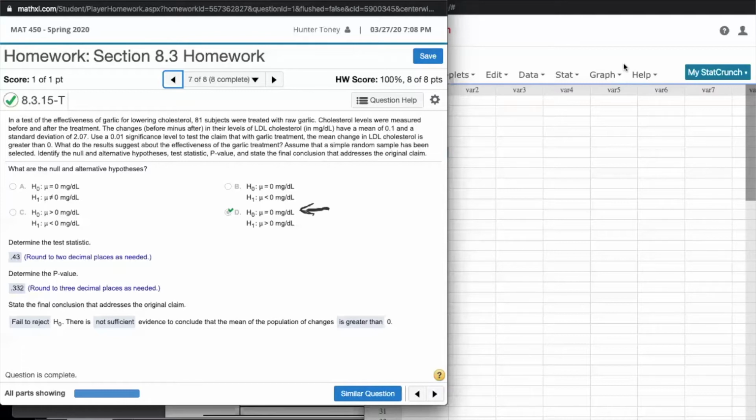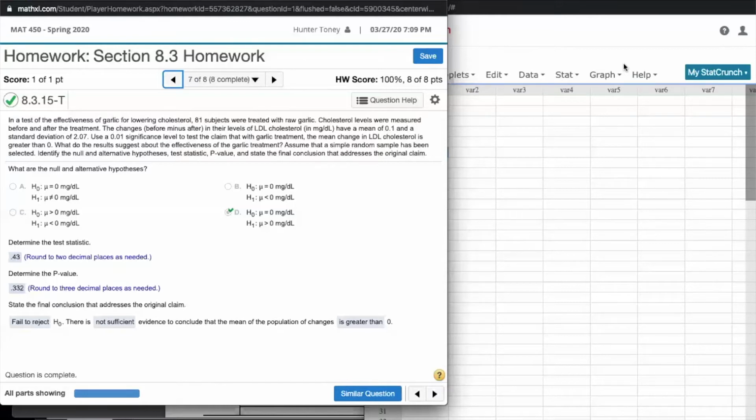We just want to see a change. So they have to have a mean more than 0. So alternatively, for our alternative hypothesis, we're going to have our mu being greater than 0. So that's why we choose, well, for me, it's part D for our correct hypotheses.